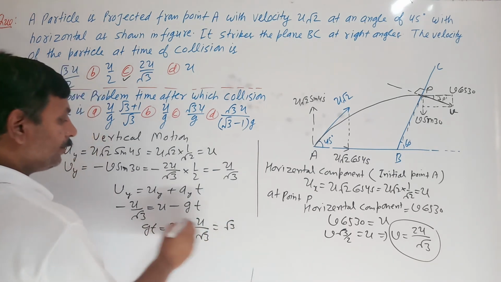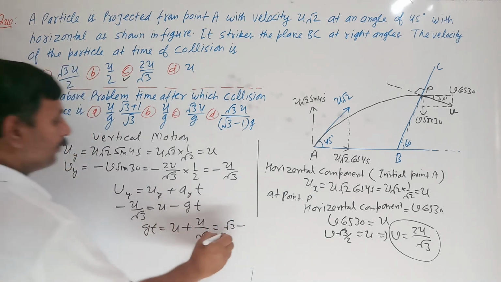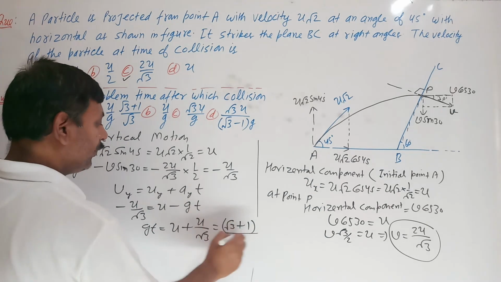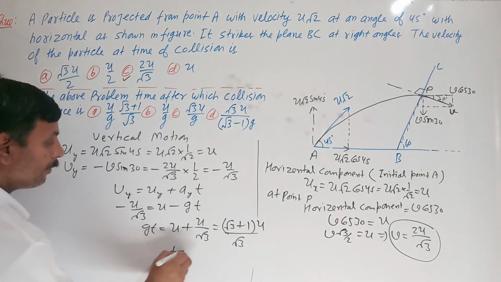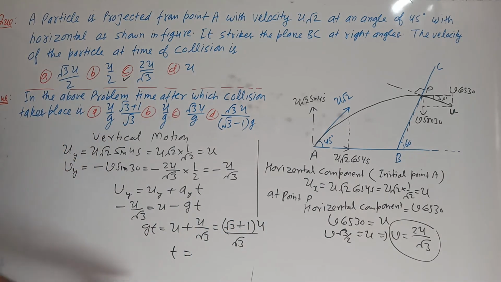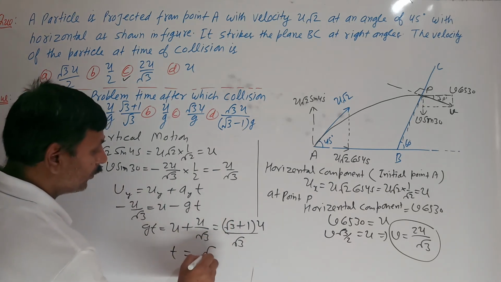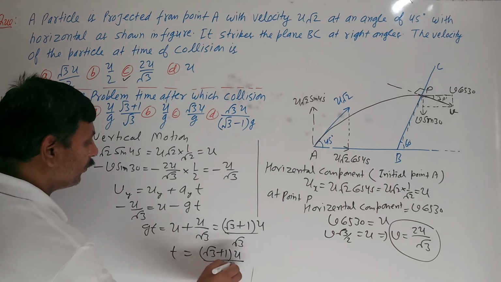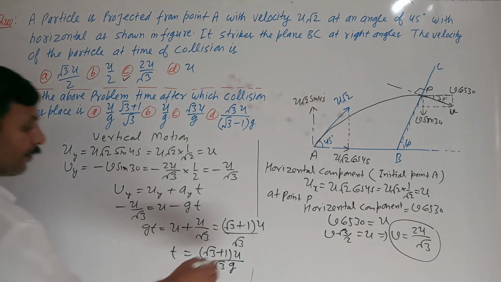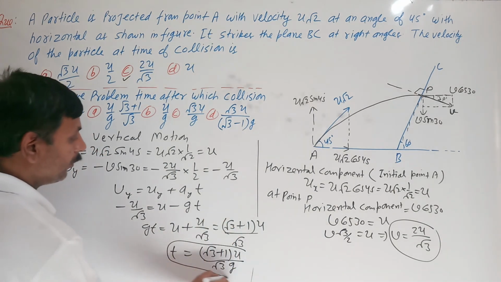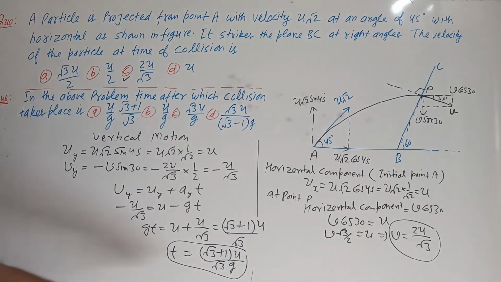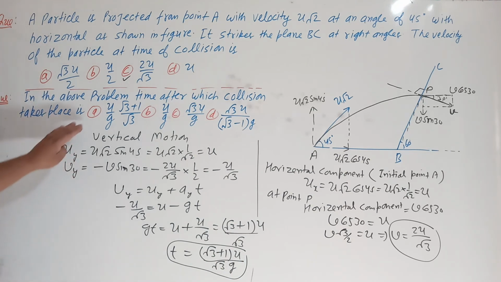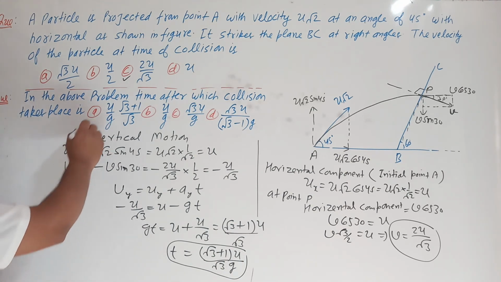We have taken the LCM root 3, so it is root 3 plus 1 times u. So what is the time taken? Time is equal to (root 3 plus 1) u upon root 3 g. The time after which it will collide is (root 3 plus 1) u upon root 3 g. Here we can see this option is correct. A option is correct.